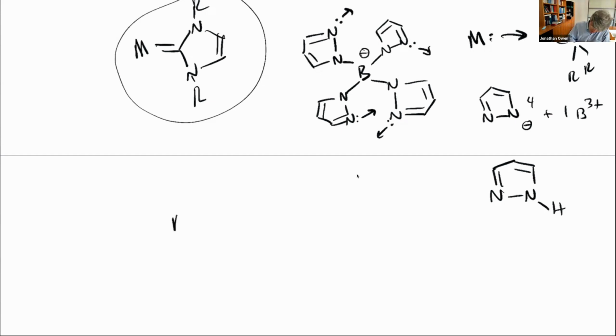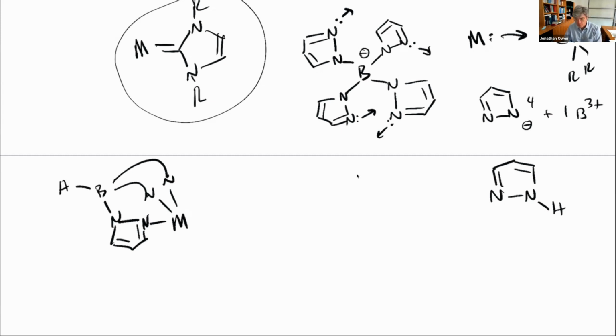And you arrive at metal complexes where you have, I'll write an H out here, facially coordinating pyrazolate ligands with this boron out here, but the boron has a negative charge on it. And so you have to balance that with a positive charge on the metal if the complex is neutral.